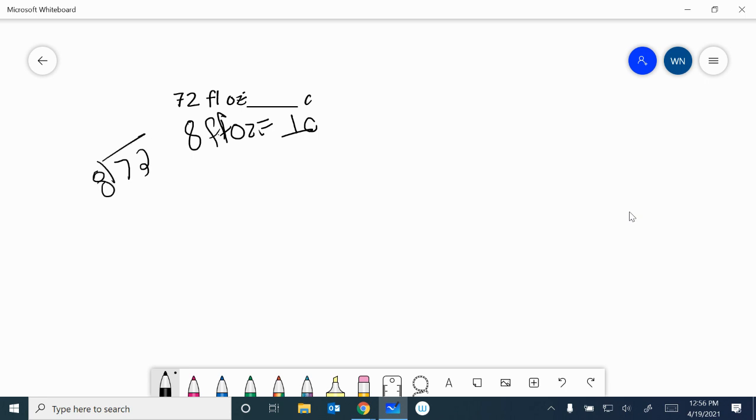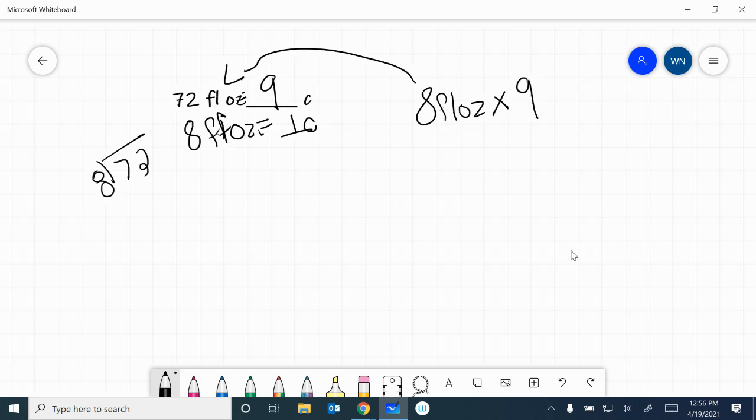And we know that 8 goes into 72, I should have this memorized, 9 times. 9 times 8 is 72. So 72 ounces equals 9 cups because 8 fluid ounces per cup times 9 cups would get me 72 fluid ounces.